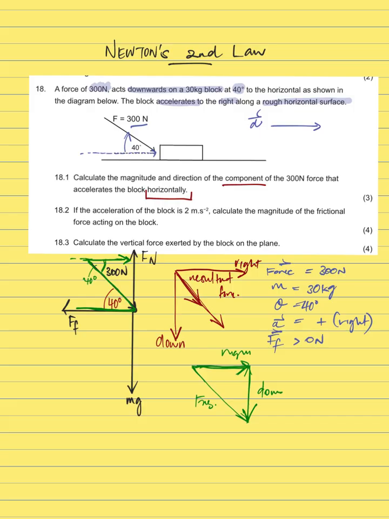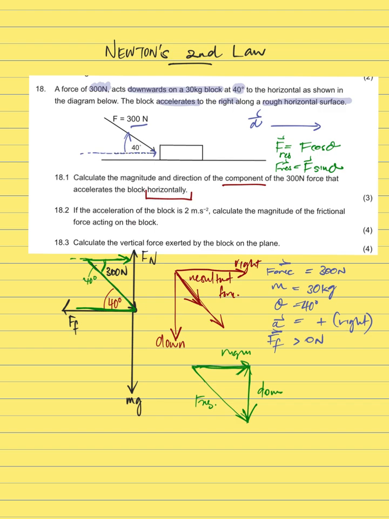So remember, if I want components, I can either say F res is equal to F cos theta, or F res is equal to F sine theta. All right, so in this situation, I'm looking now at my F of x.